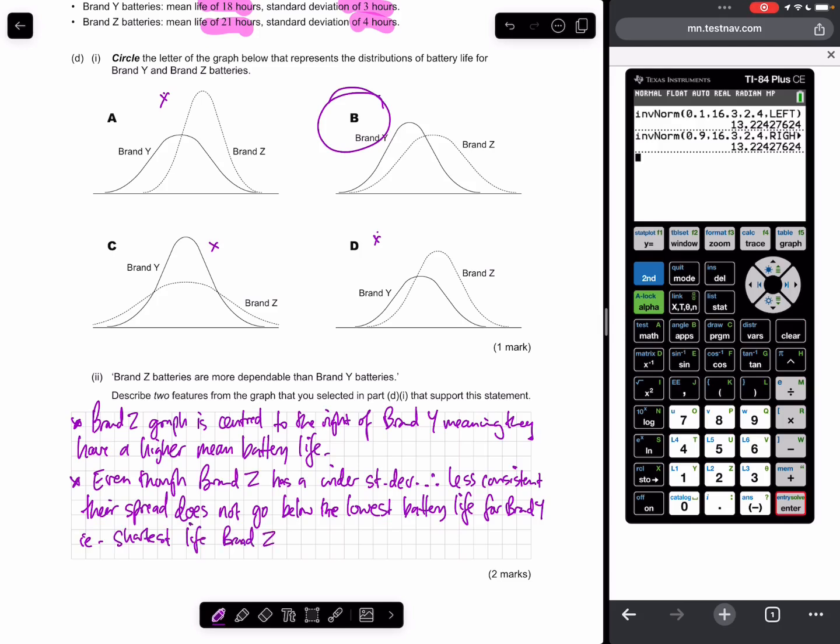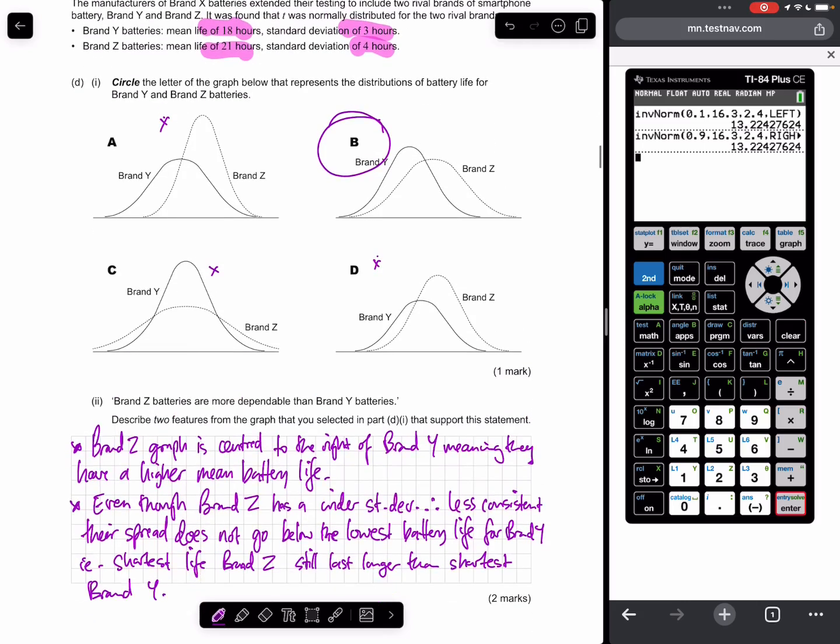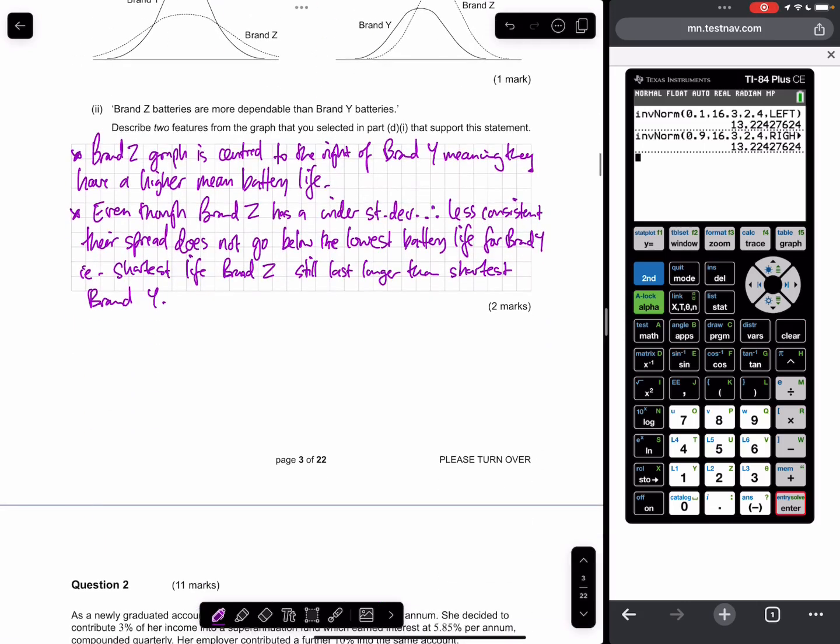Z would still last longer than the shortest brand Y. 2 points, 2 marks. That's page 3 down.